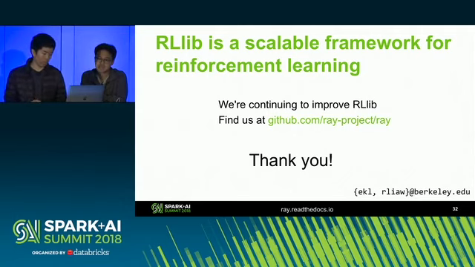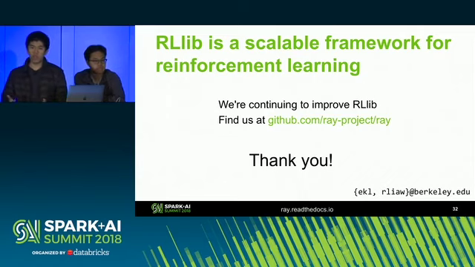There's a couple options there. Many of these RL algorithms can actually operate on offline data. So if you have web logs or things like that, you can potentially learn from those experiences as well. Currently in RLlib, you can put in a custom environment, and that environment can interface with grabbing data from, for example, serving systems or offline logs. And we're trying to improve the API there as well.